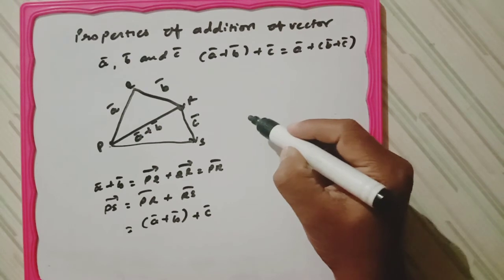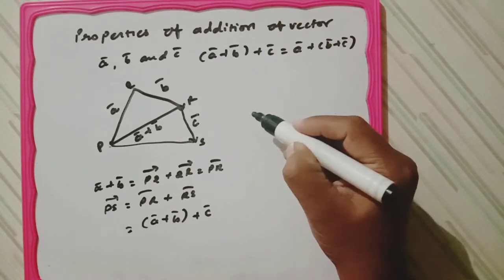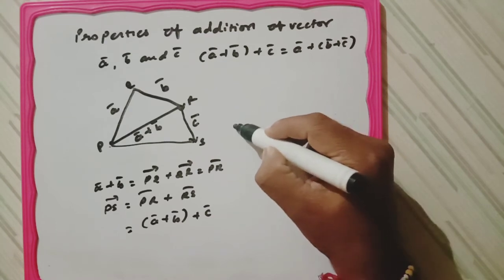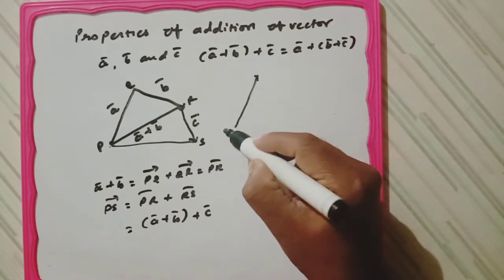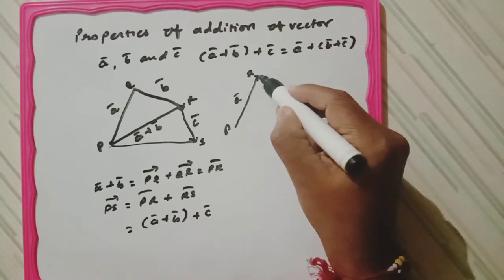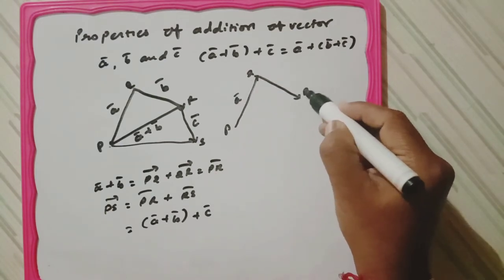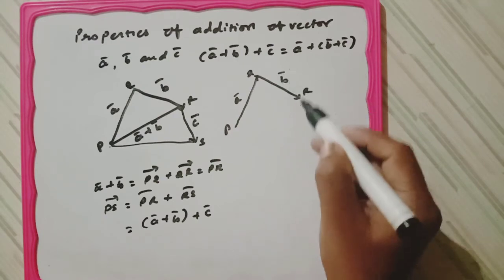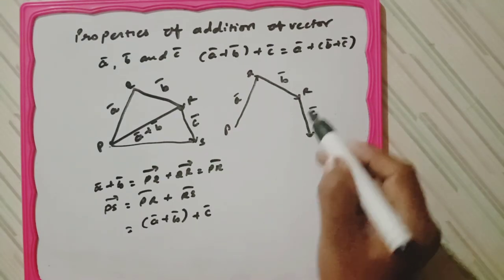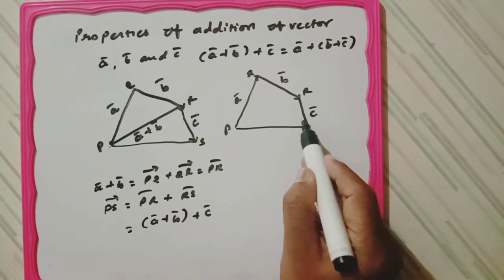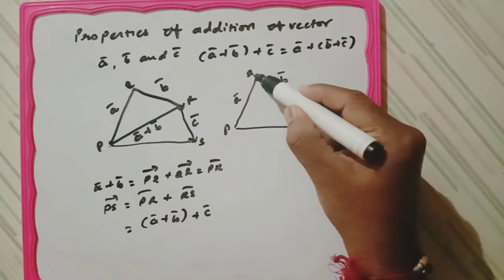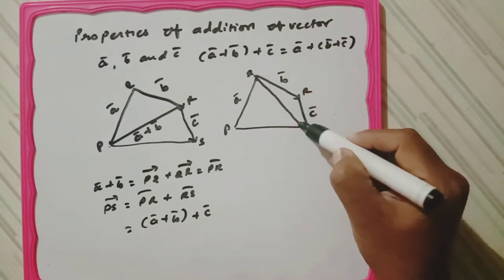Now somebody takes that our vector PQ has magnitude A bar, vector QR has magnitude B bar, and vector RS has magnitude C bar, and somebody takes QS.